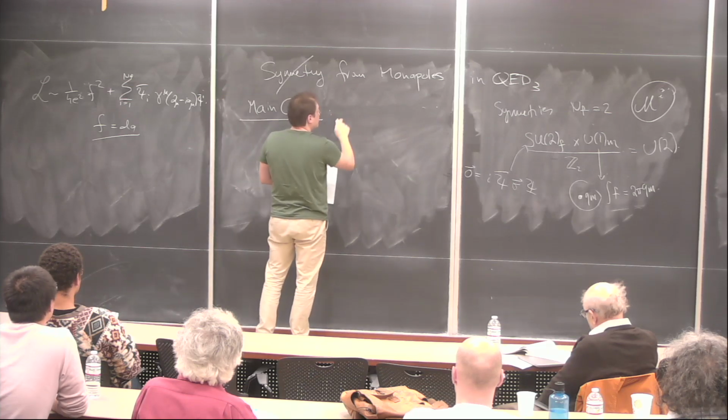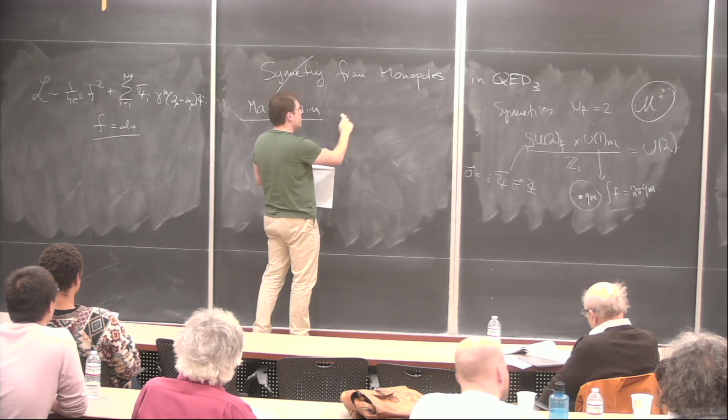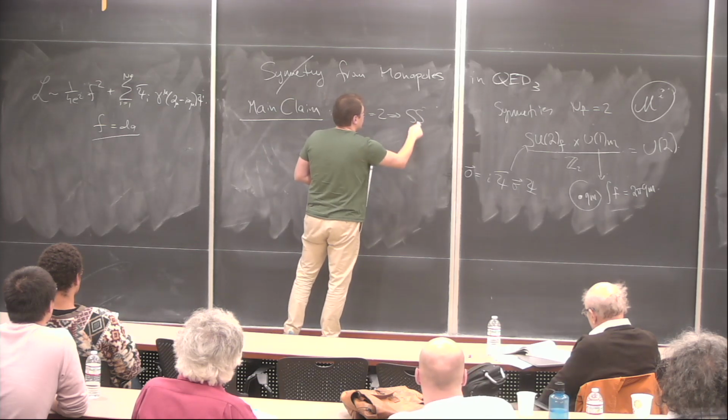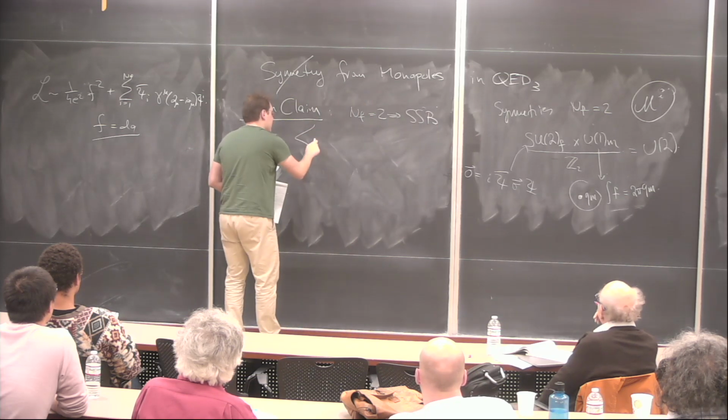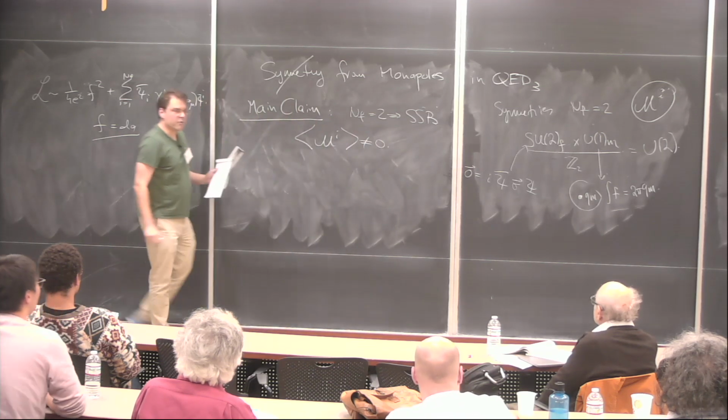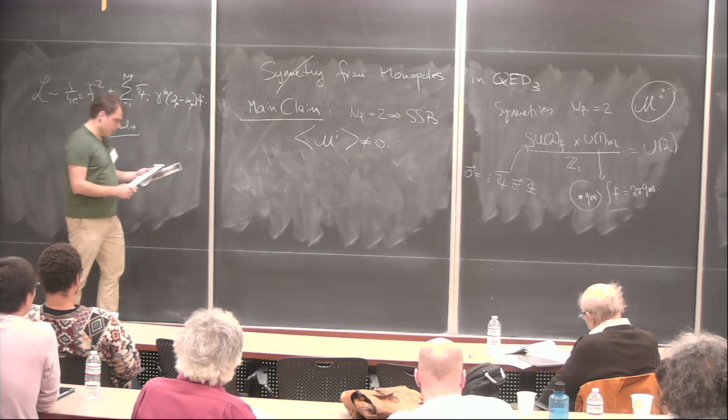So the Nf equals 2 theory, assuming it doesn't flow to a CFT, has spontaneous symmetry breaking, which is triggered by the expectation value of this monopole operator.